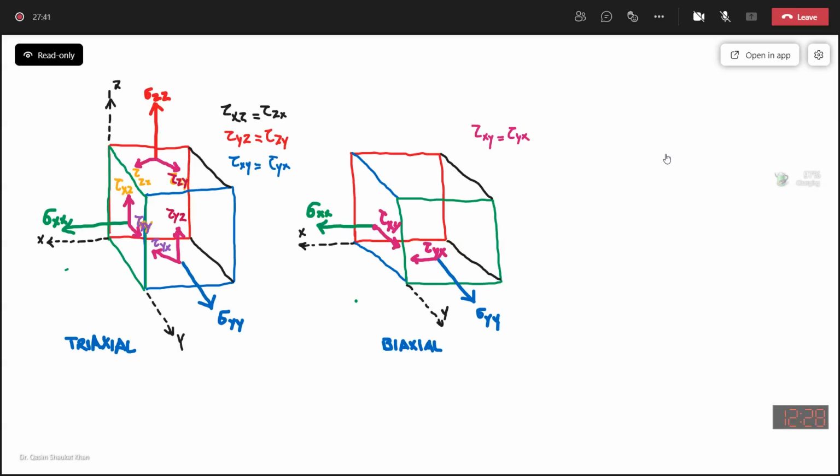Now we will just focus on the biaxial stress state. What I was telling you, I will first draw the figure.